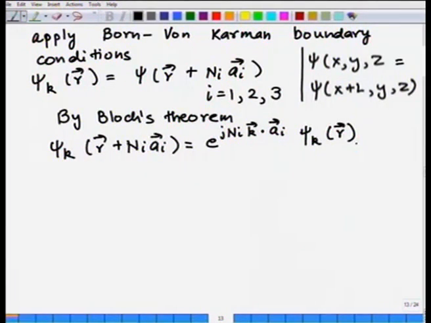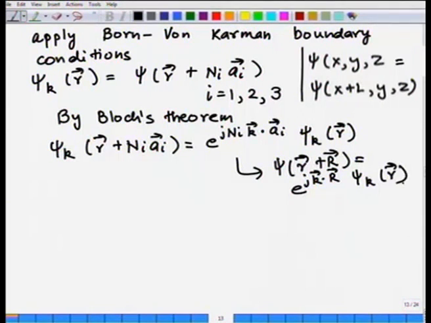Remember, where did this come from? This whole stuff comes from phi of r plus R being equal to e to the power j k dot R times phi of r. That was the Bloch's theorem solution.